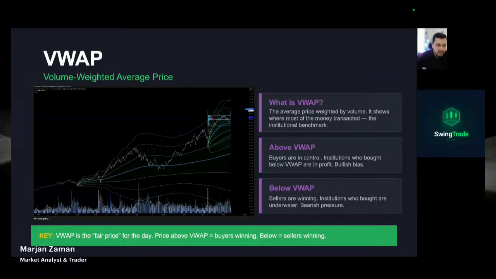From that low, you can see that the VWAP over years is going up. And you can see that in major downturns, we've actually used the VWAP as a support for institutional buyers, and all of the heavy volume for the best buys ever in history, they all occurred below the VWAP.